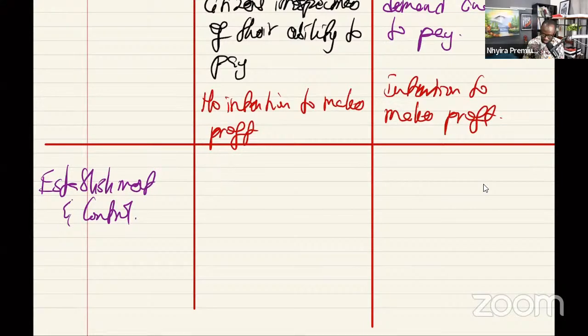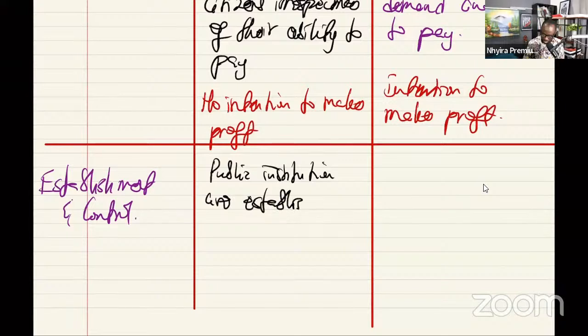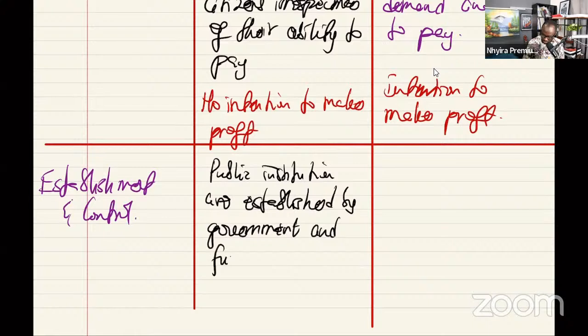So public institutions are established by government and funded by the government.